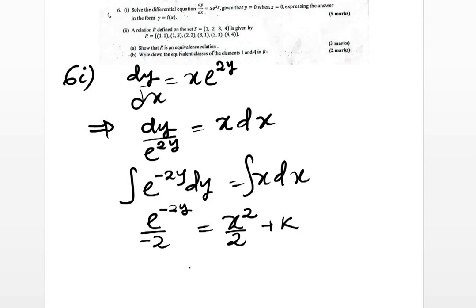But now, the initial conditions, 0, 0, so that we obtain the value for k. So we have e to the power 0 over negative 2 is equal to 0 over 2 plus k, and this gives k to be negative half.